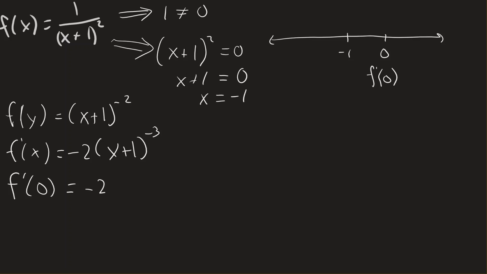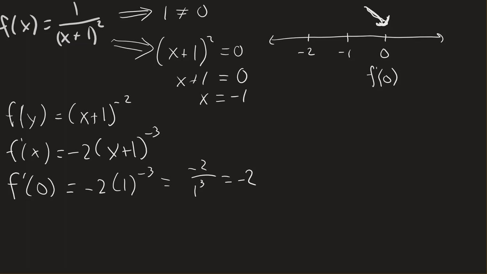And so the derivative at 0 is -2. I don't care so much about the 2, but just that it's negative, because we know if the derivative is negative, the slope of the tangent lines are negative, therefore the graph is decreasing there.